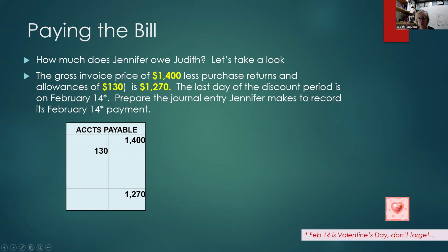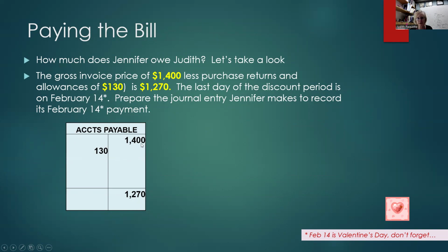The problem won't tell you that they're eligible for a discount. You have to figure it out based on the dates. If the date of the invoice is February 4th and the payment date is February 14th, and the payment terms are 2/10 net 30, they're going to take the discount and you need to build it into your journal entry. So first you have to decide what they owe at this point.